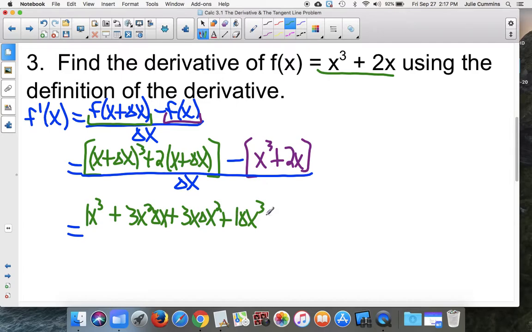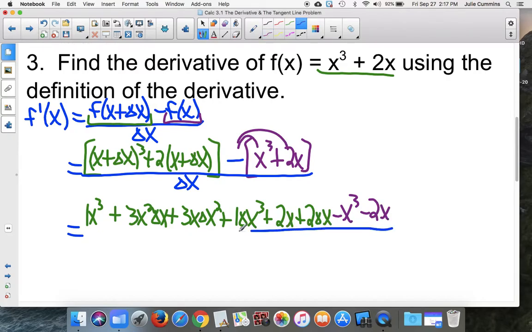We're going to distribute the 2, so plus 2x plus 2 delta x. And then over here in purple, I'm just going to distribute that negative, minus x cubed minus 2x. And we'll put this all over delta x. Okay, some stuff cancels out.